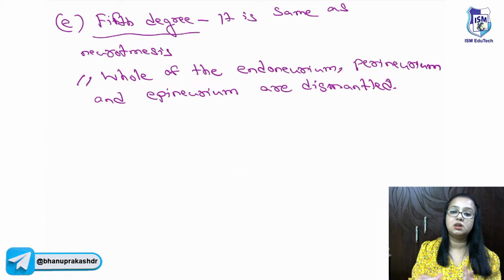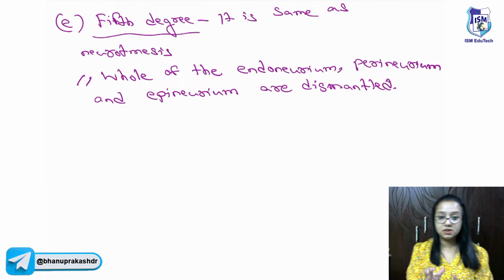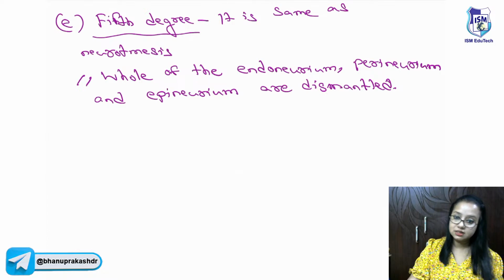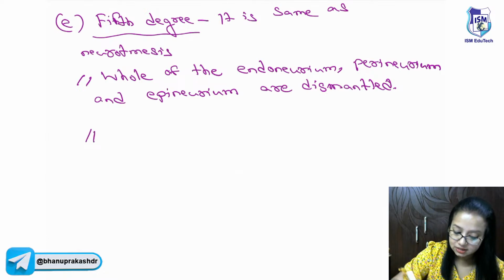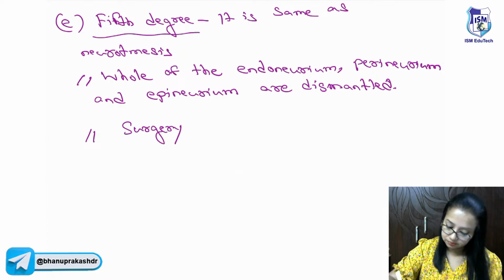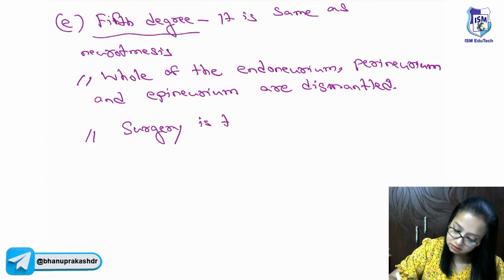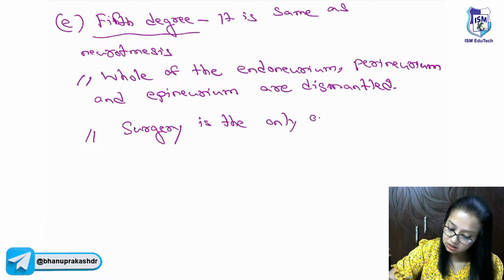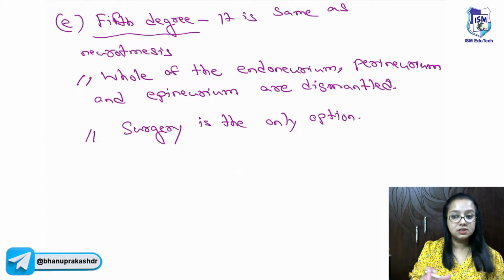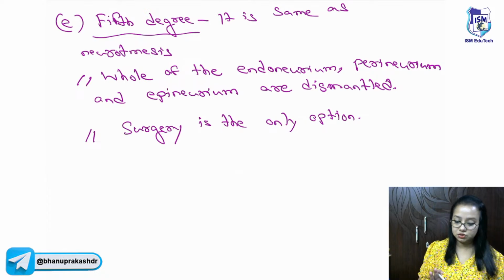Like the whole hierarchy, the whole formation is destroyed. Okay, this is the fifth degree. And here, surgery is the only option. So this is our classification of the nerve injury.